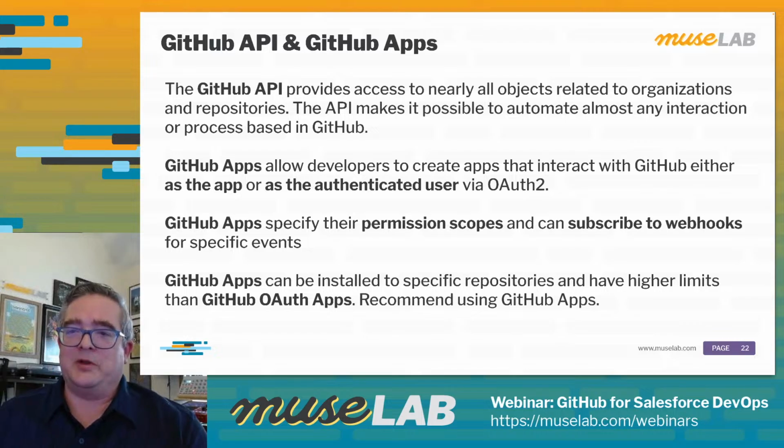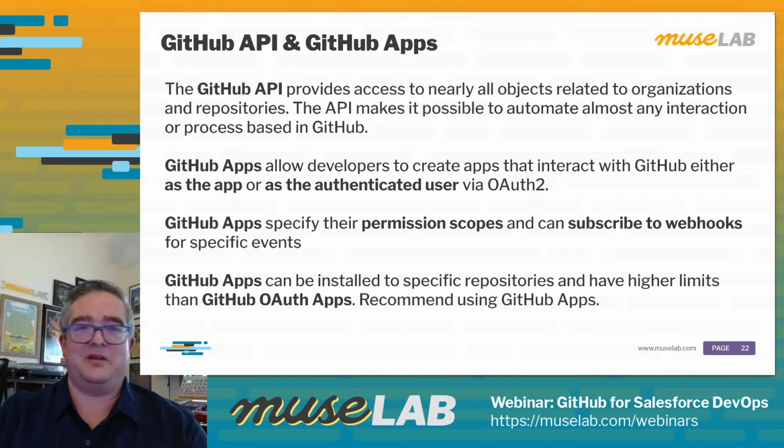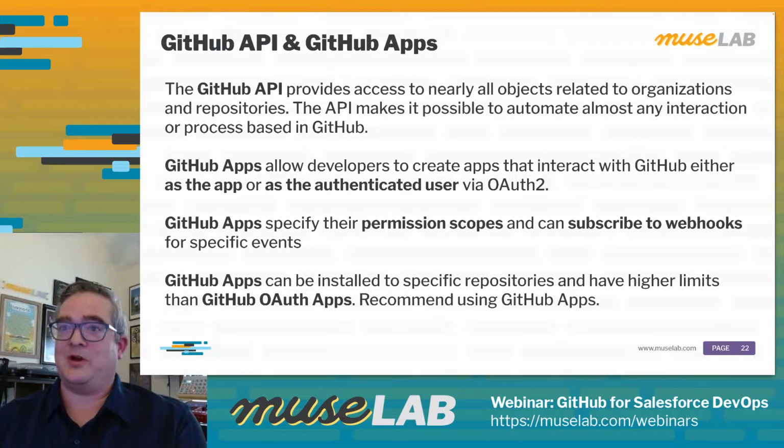And the last point is GitHub apps are nice. There's another option, which is GitHub OAuth apps, that basically give you access to everything that the user has access to.